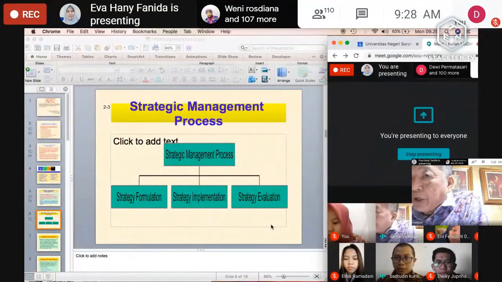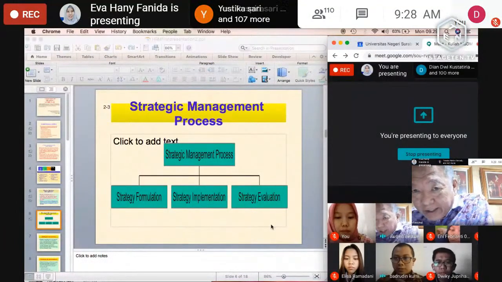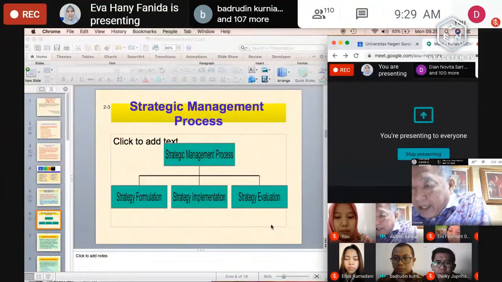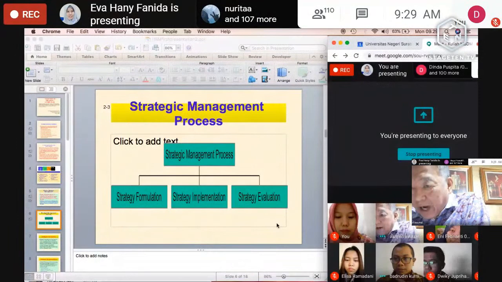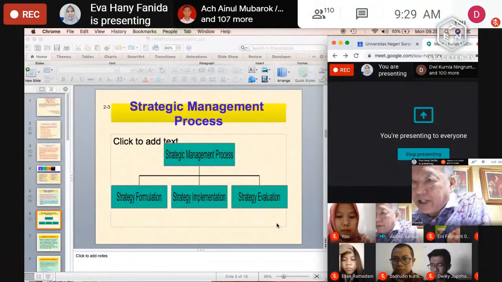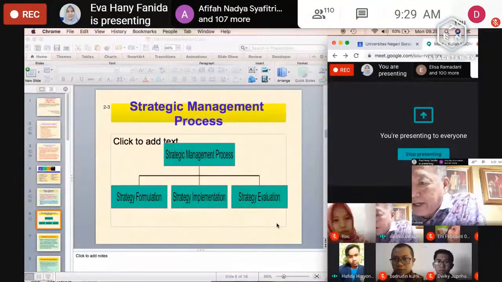So you mean that the goal of a strategy is the organization goal. The goal is not the step of strategy formulation. The goal we mentioned is the company or organization goal. So how to achieve this? We have to set up the strategy formulation, and we have the strategy implementation, like the skill, as I mentioned, in order to achieve the goal.